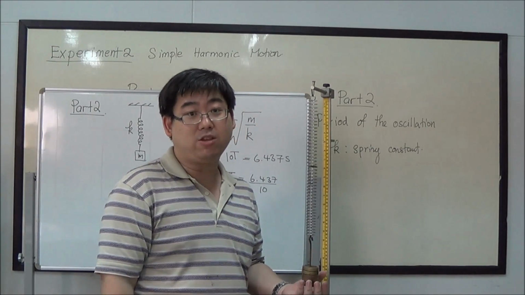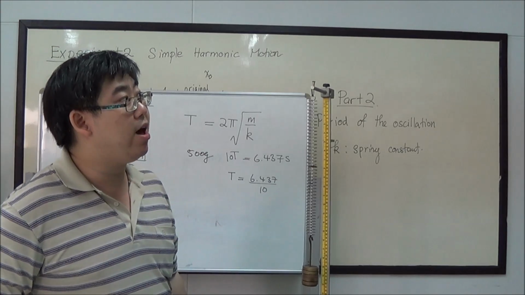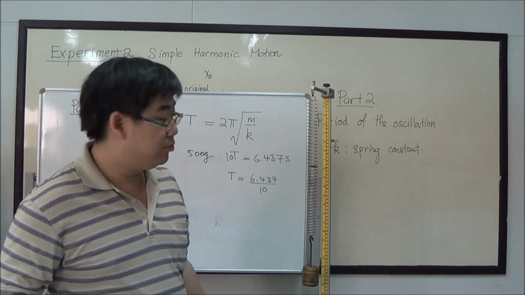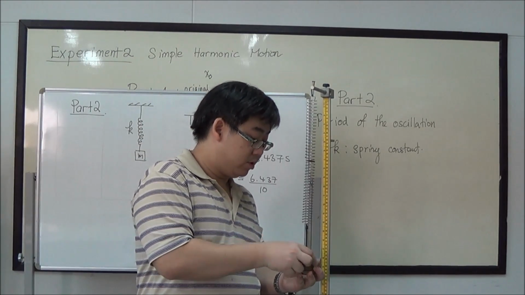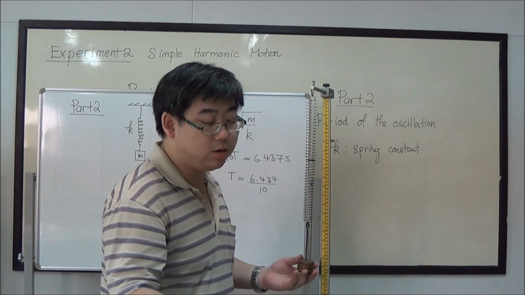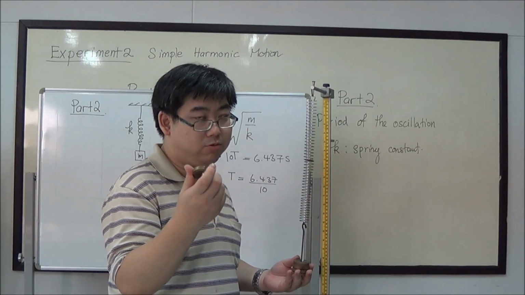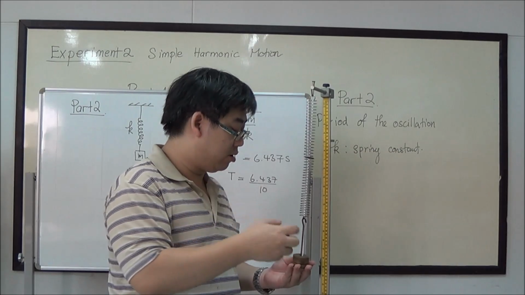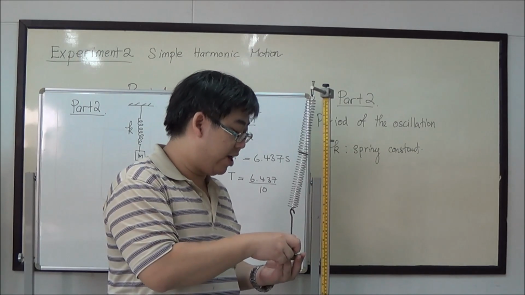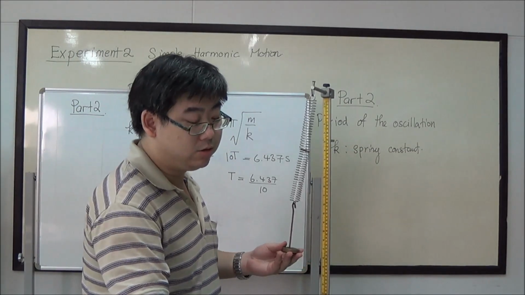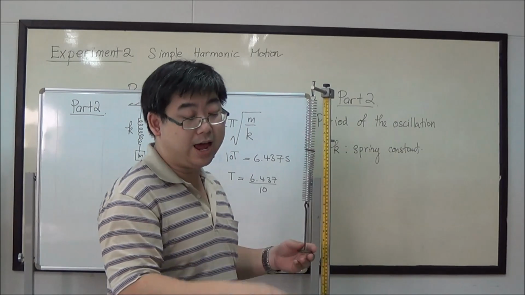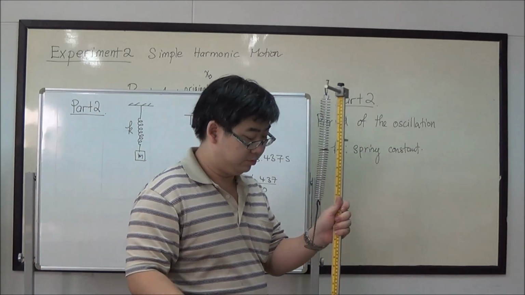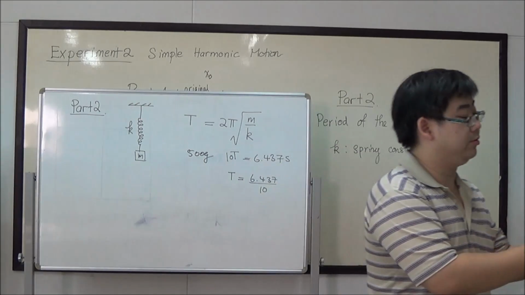So it means that you have to do all together 15 times. You record the time 3 times for each mass, and then we have 5 masses. So we've got to record the times 15 times.